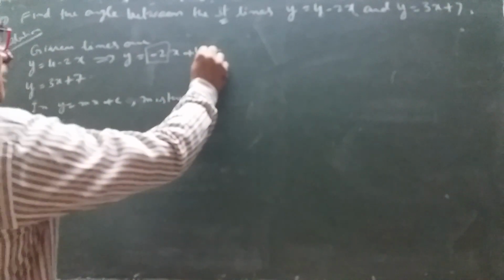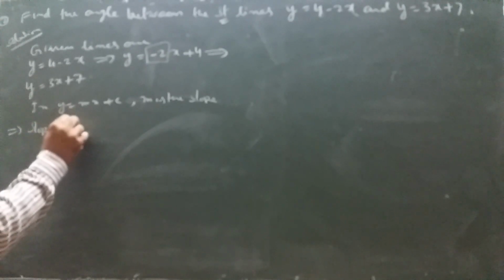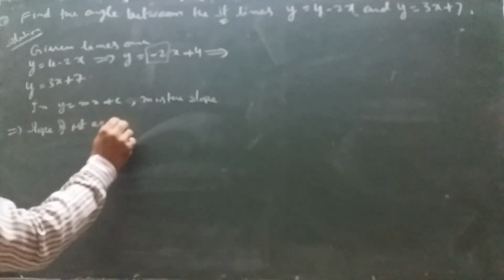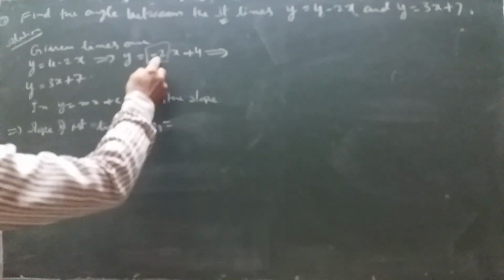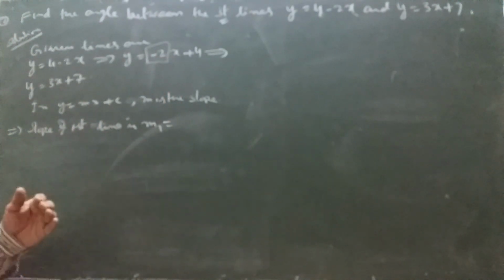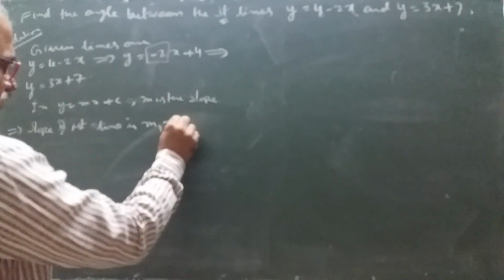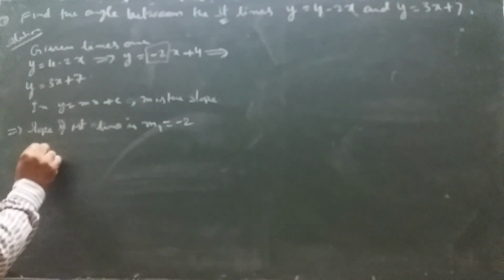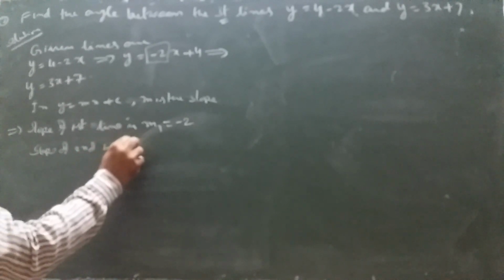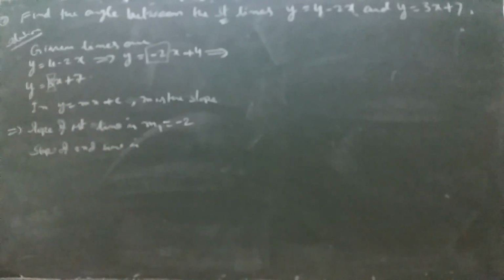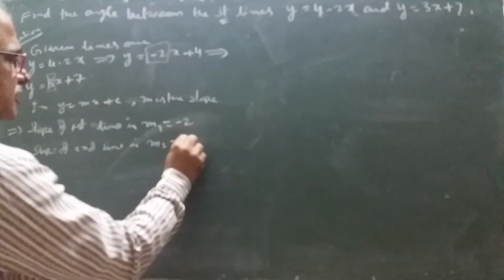That implies the slope of the first line, m1, is equal to the coefficient of x, that is minus 2, and the slope of the second line, here m is 3, so m2 is equal to 3.